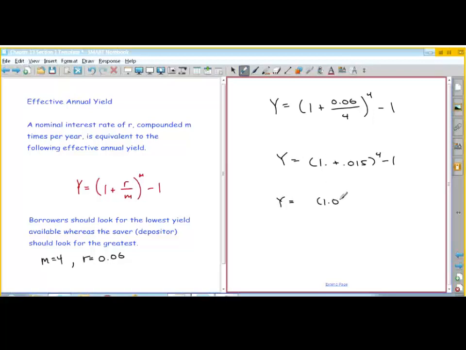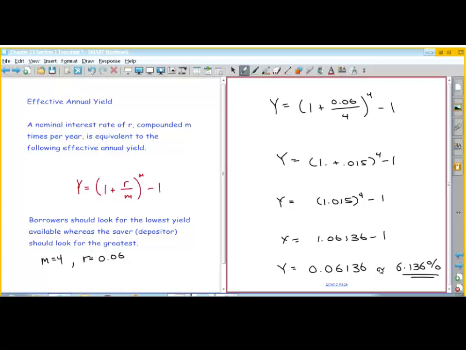So if you add these two numbers together, you get 1.015 raised to the 4th power, and 1.015 raised to the 4th power is 1.06136. And then we subtract 1 to get it in terms of the interest rate in decimal form. So the annual yield is 0.06136 or 6.136%.